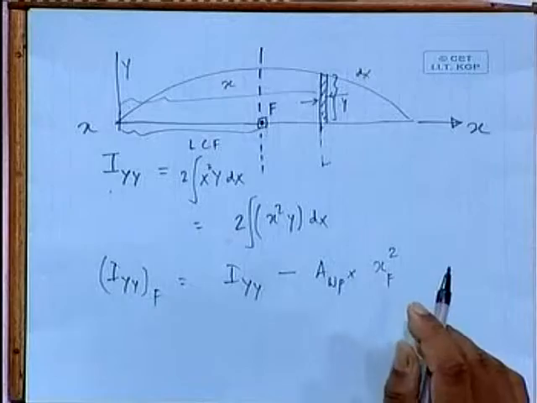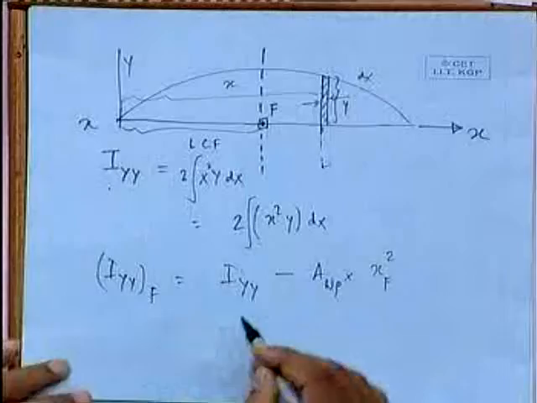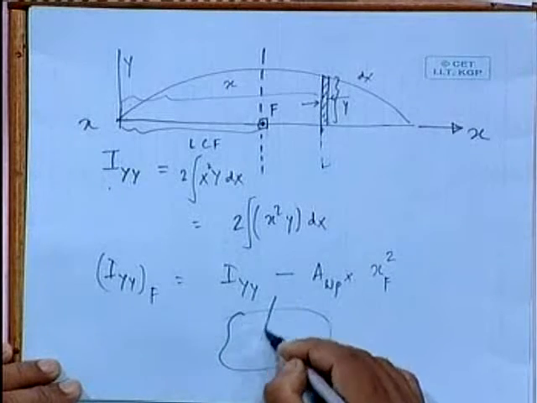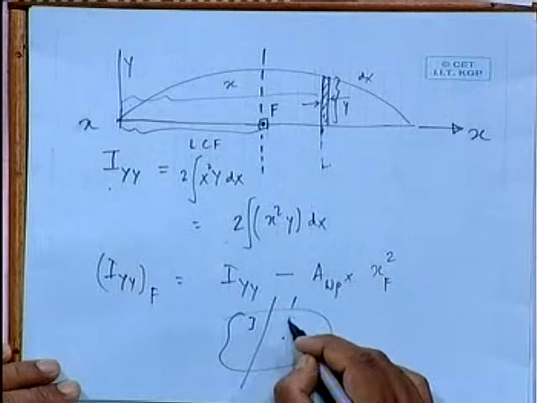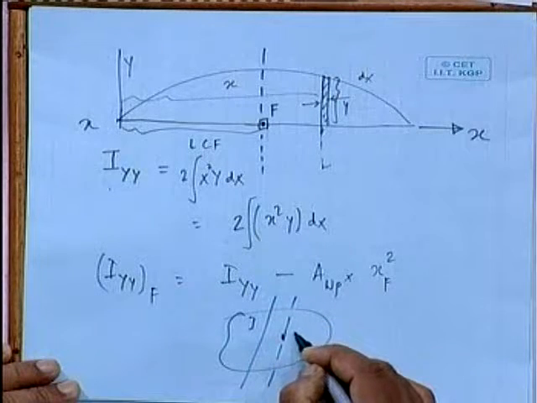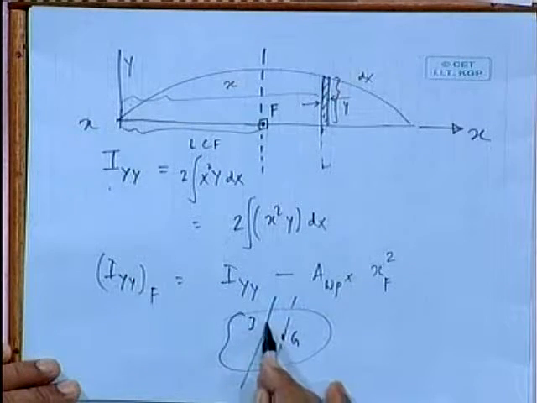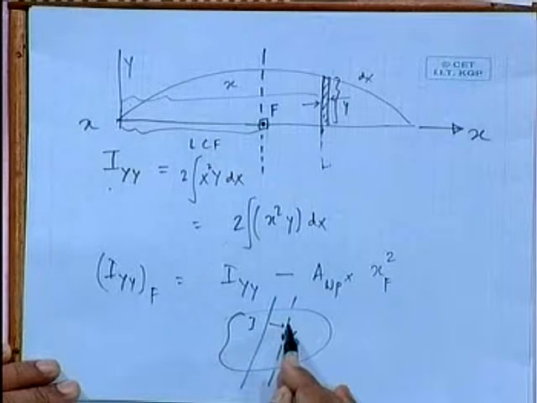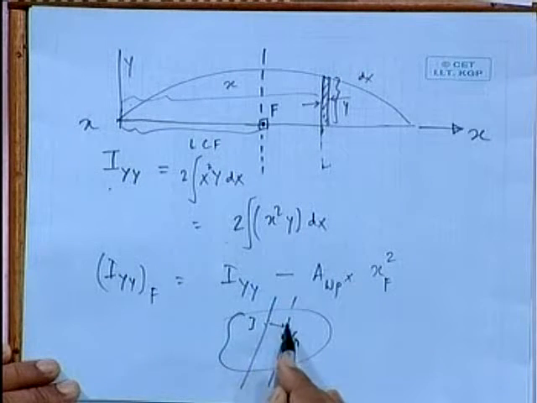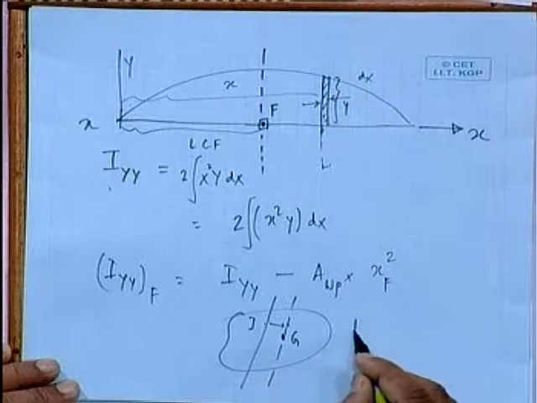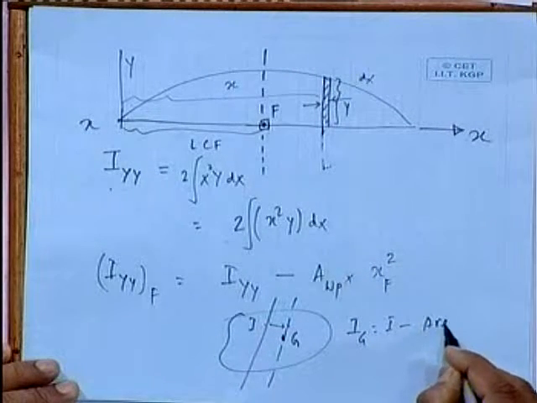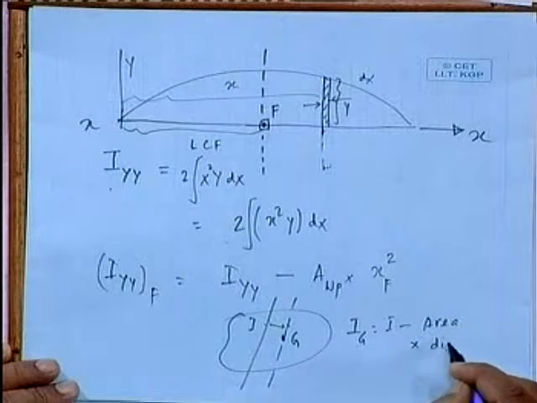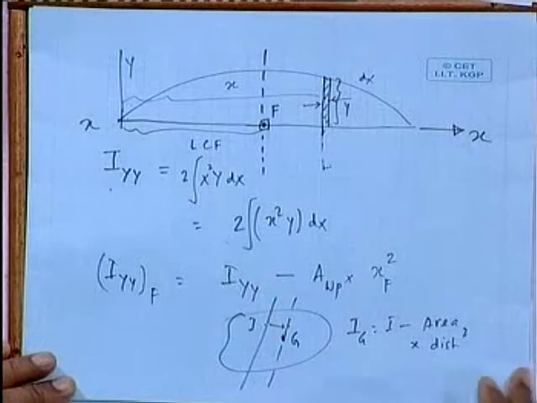This is called a parallel axis theorem, that if you have any body here about any axis, if you want to find out I here, and if you want to shift it parallelly through an axis through its centroid G, then it is given by I of that is I of this minus area into distance square. See, I through G is any I minus area into distance square. This is the standard formula given.